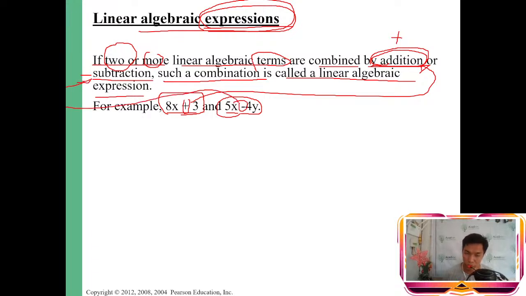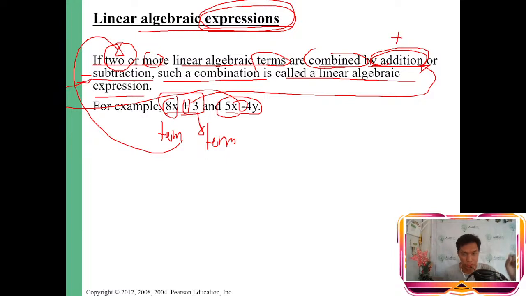Take note, the expression must be combined by addition or subtraction, two or more algebraic terms. We have 8x, which is a term, and 3, which is also another term. So we have two terms in one expression.